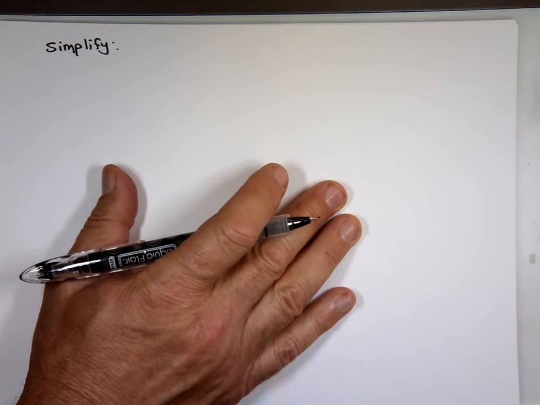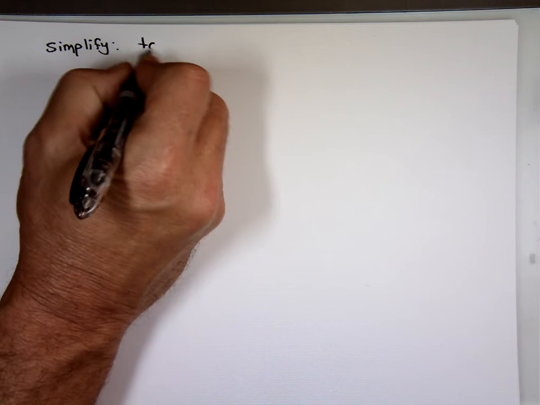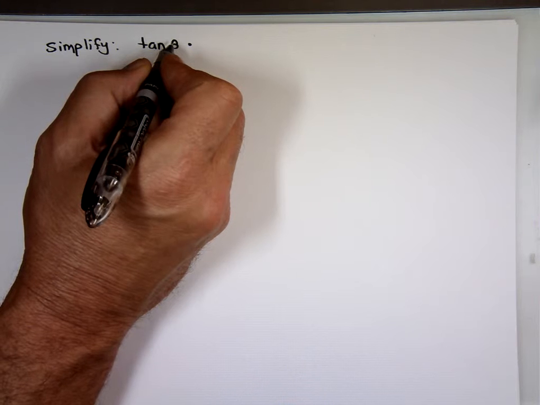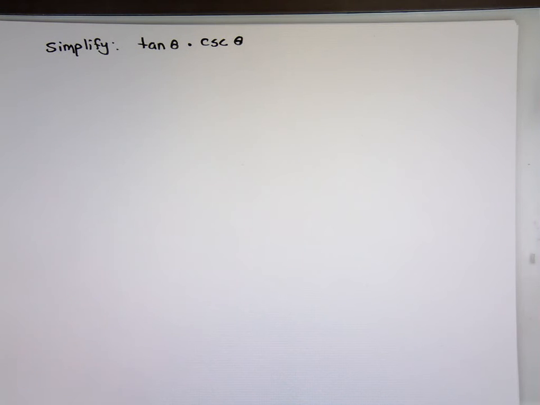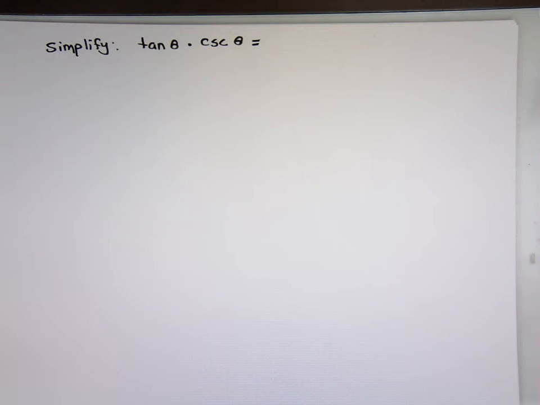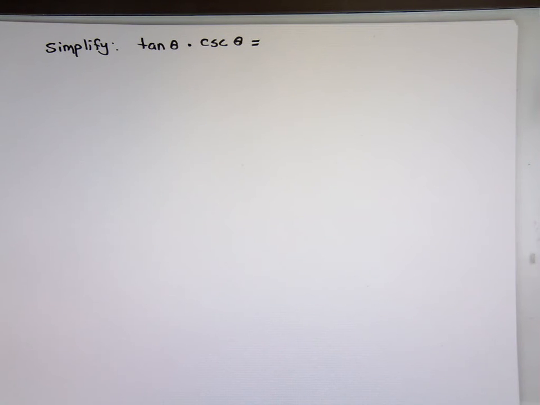Let's begin with tangent theta times cosecant theta. I want you to simplify that and tell me what the answer is. You can look at the board since my sheet's gone here. The key to that is, I find the easiest thing to do really is write everything in terms of sine, cosine, because we can't memorize all the rules.